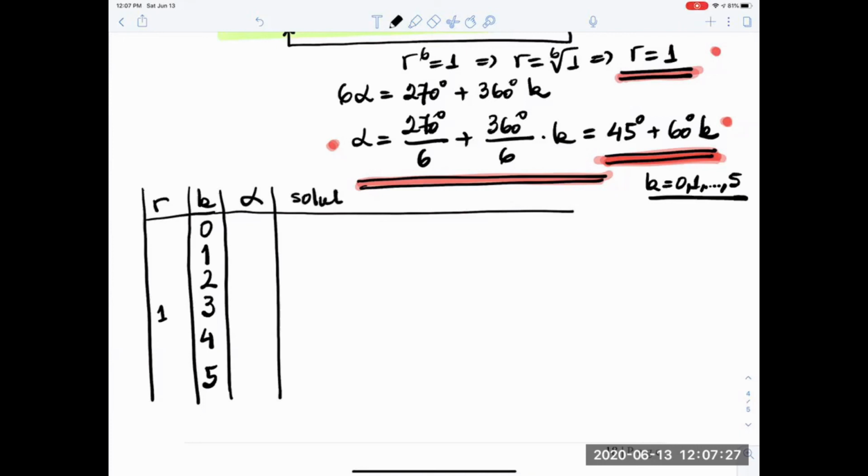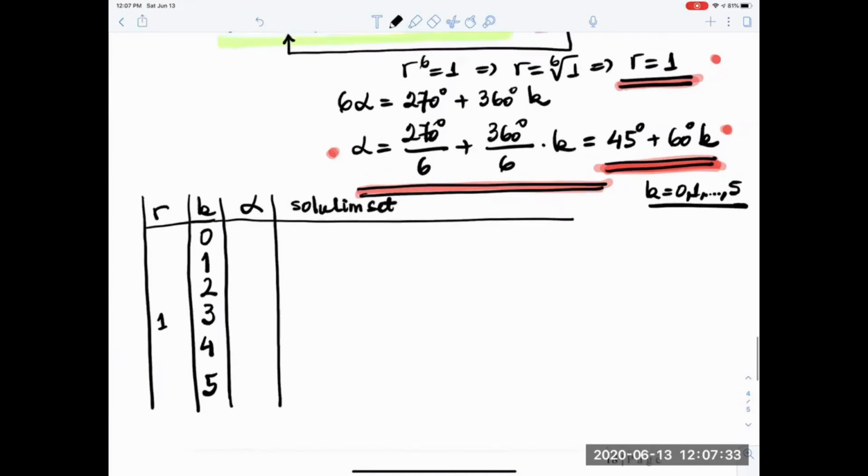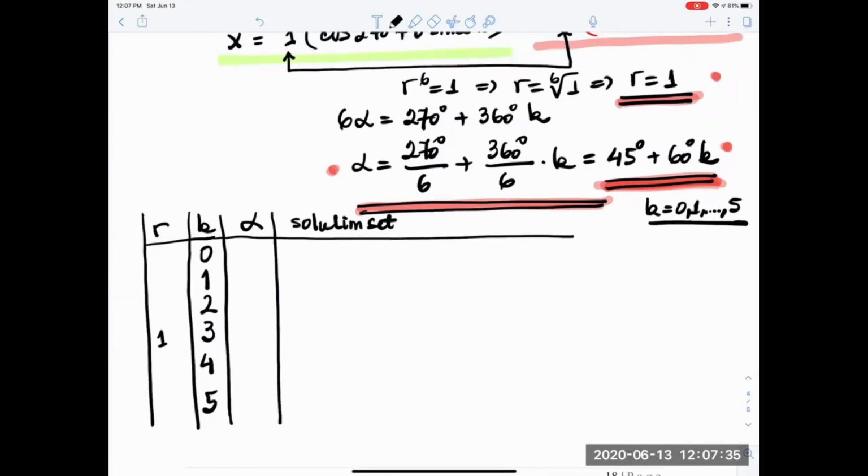Solution. You can put those parentheses or not. Okay, so let's see what we have. When k is 0, then alpha is 45. When k is 1, then you have 60 plus 45, 105. When k is 2, that's 120 plus 45, that's 165.